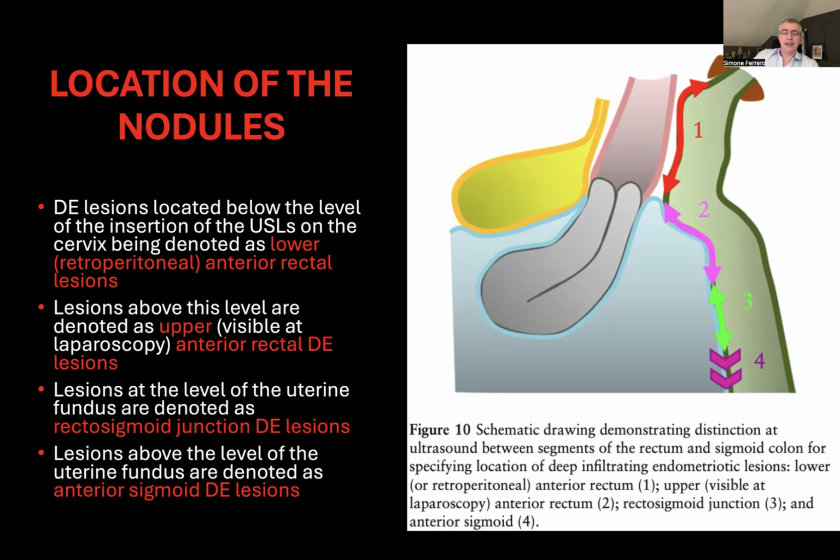Lesions that are located at the level of the uterine fundus are named rectosigmoid junction lesions. And finally, lesions that are located above the level of the uterine fundus are named anterior sigmoid deep endometriotic lesions.